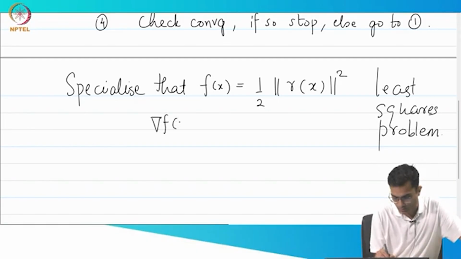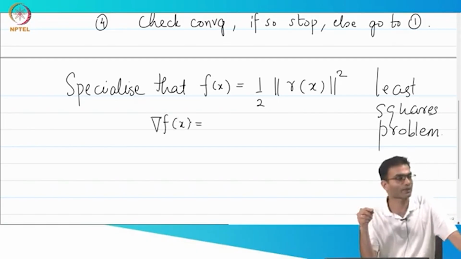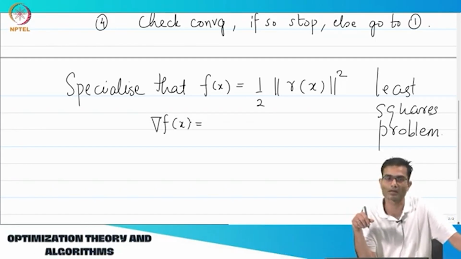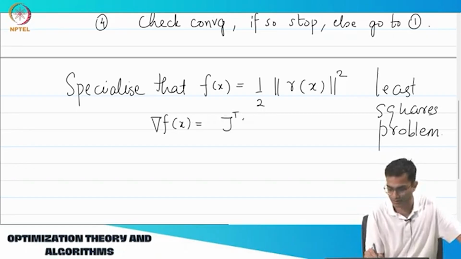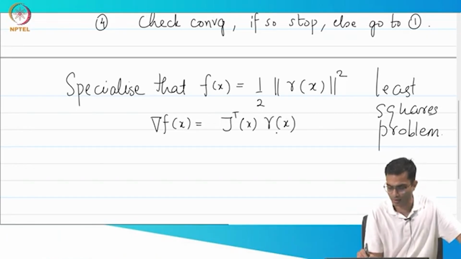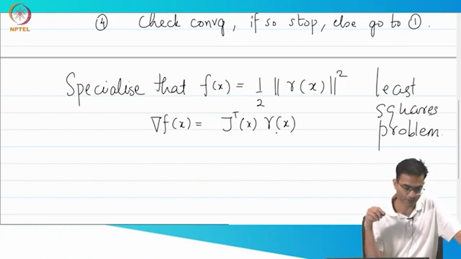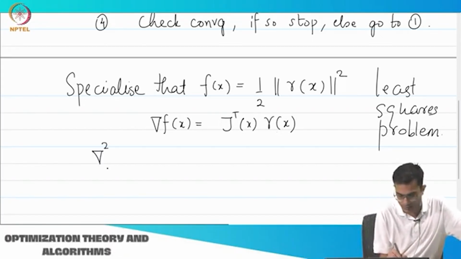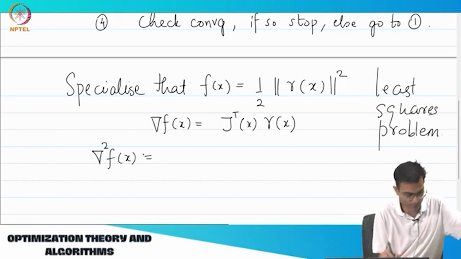So, what was grad f? We had a nice form for grad f, remember, in terms of the Jacobian of R, right? So, I had J transpose(x) times R(x), right? This was my gradient. Similarly, I had a nice expression for the Hessian, right?